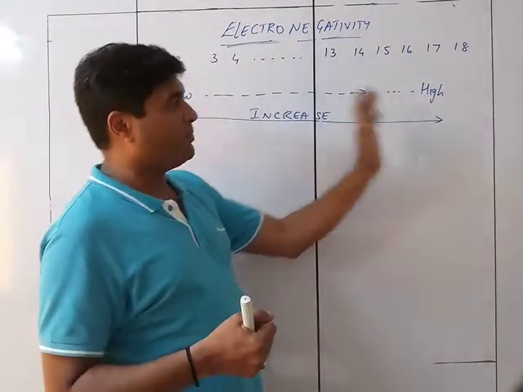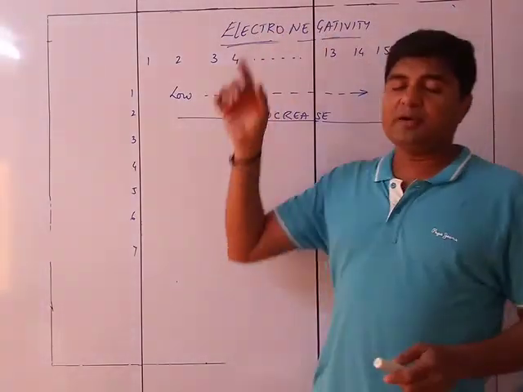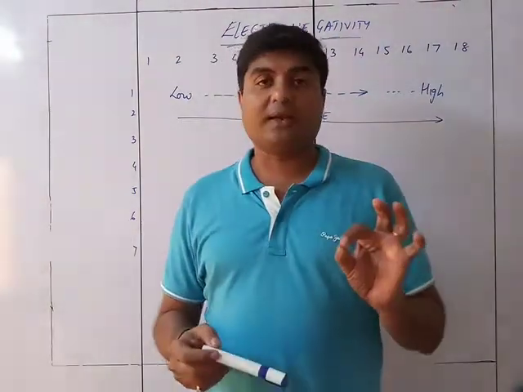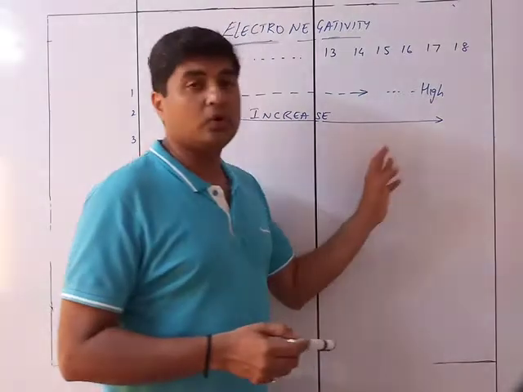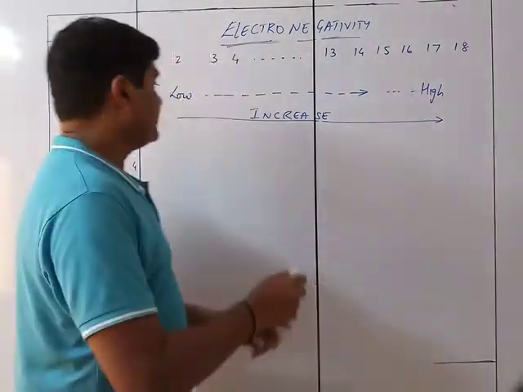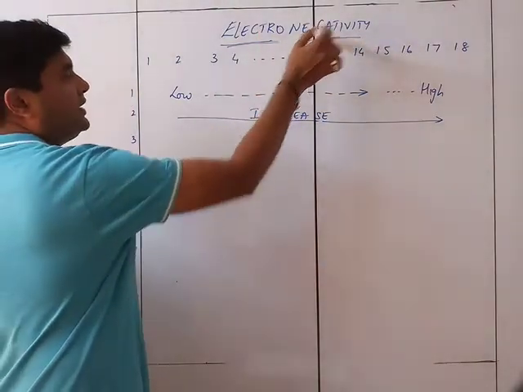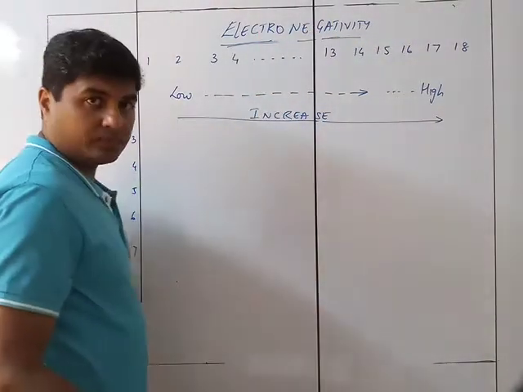So as I go from left to right, the electronegativity of these elements keeps on increasing.